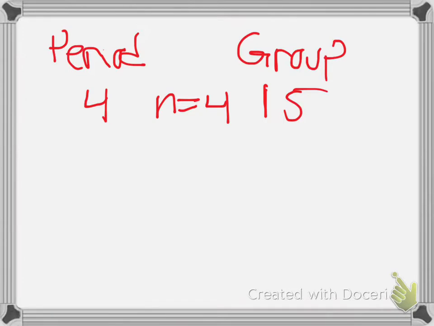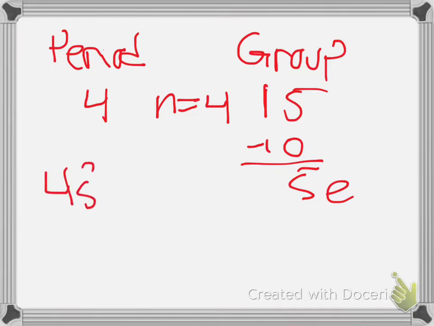So, knowing that it's in the P block means that we can take 15 minus 10 to find out how many outer shell electrons it has, which is 5 electrons in the N4 energy level. Okay, so what that tells me is that it has to have 4s2, 4p3, right?